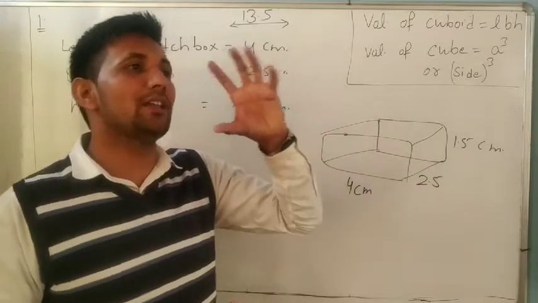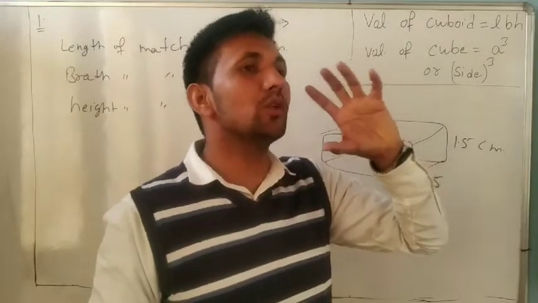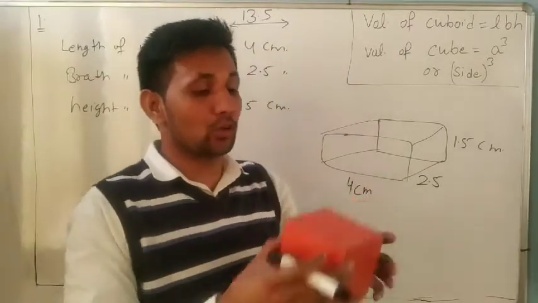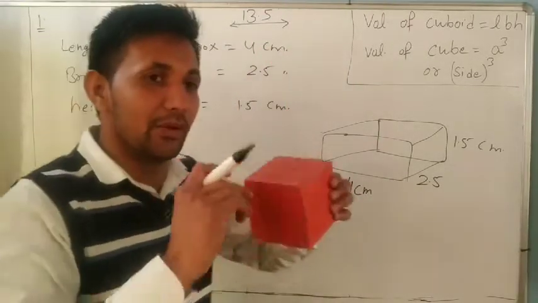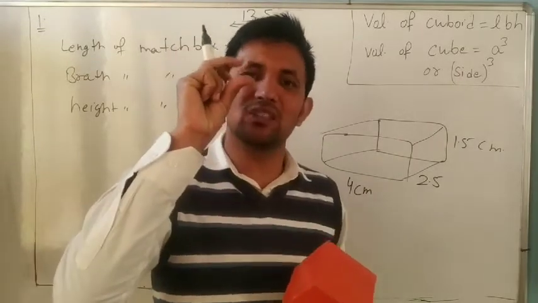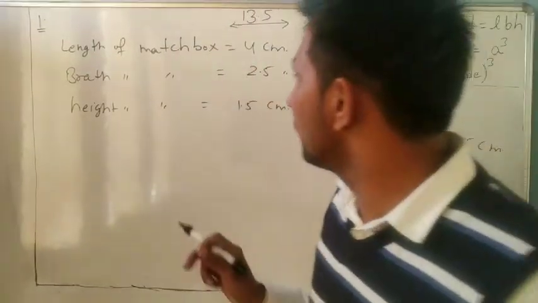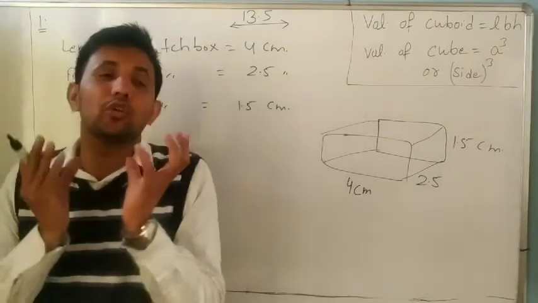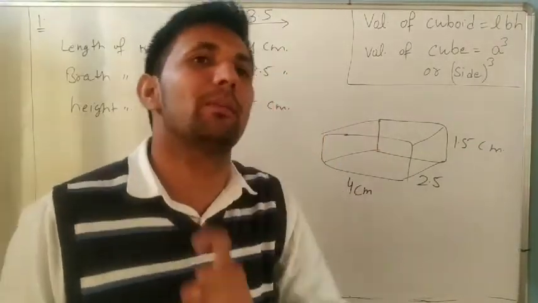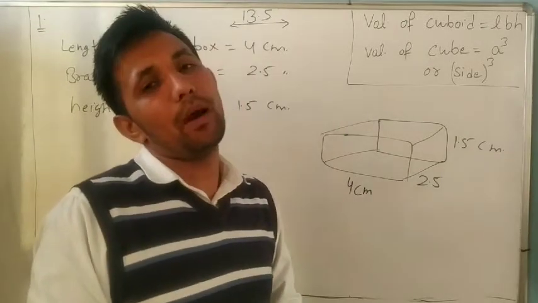So we have to find the total volume of the 12 matchboxes. It's like a cuboid, in which very small cuboids are placed. So first we will find the volume of one matchbox and in the last multiply by 12.